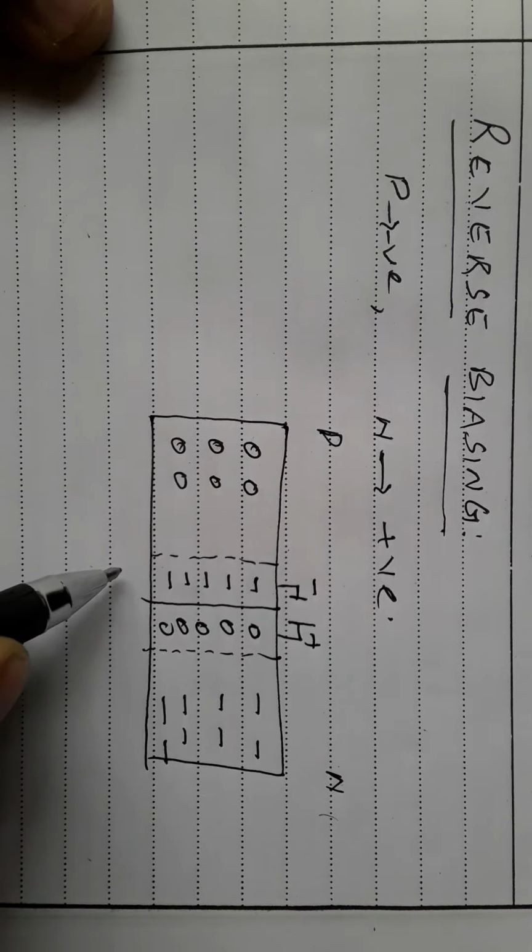Now, the potential is increased. Therefore, we can say the temperature of the diode increases.